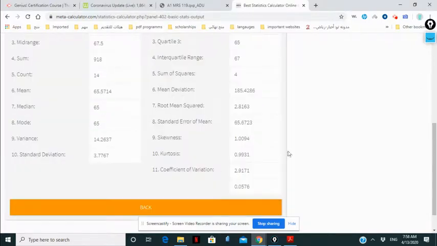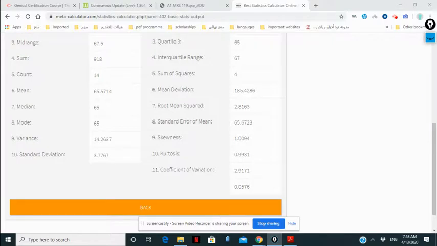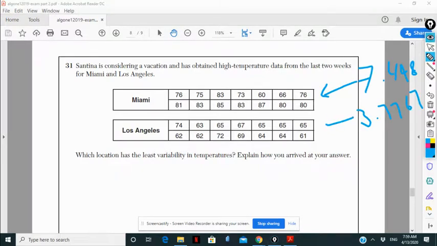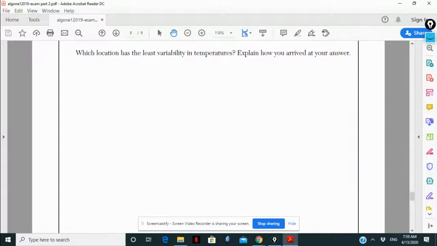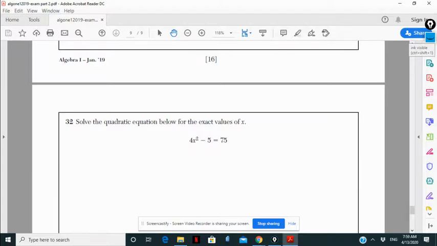Calculate the statistics. So here the standard deviation comes 3.7767 for Los Angeles. So the one with the least variability is Los Angeles because its standard deviation is less than the standard deviation for Miami. I use the calculator to calculate the standard deviation. When I ask you about the variability, I use something measuring the spread of the data.